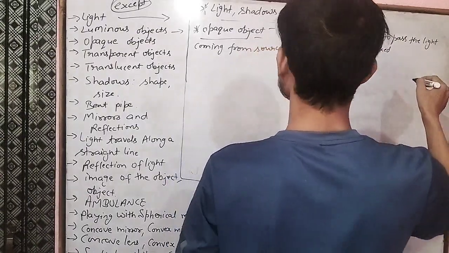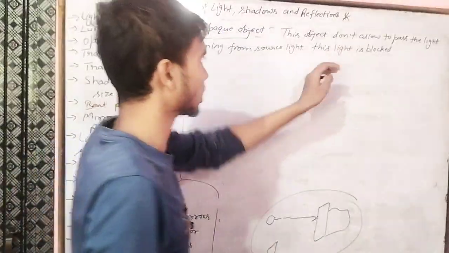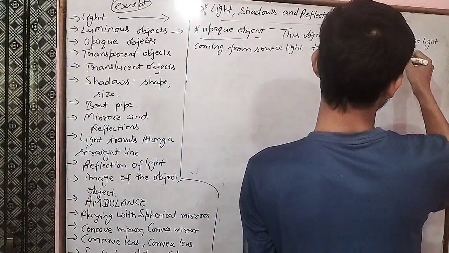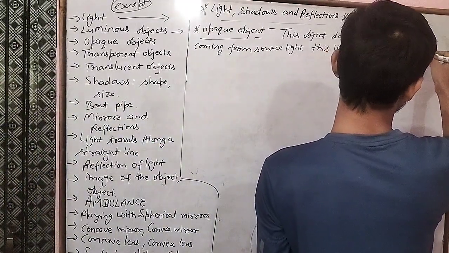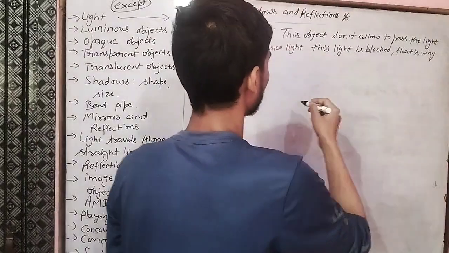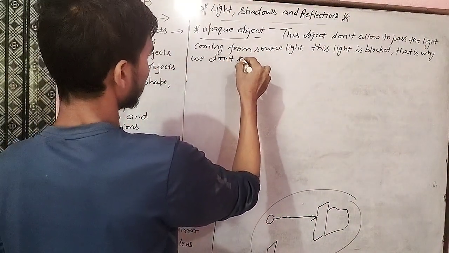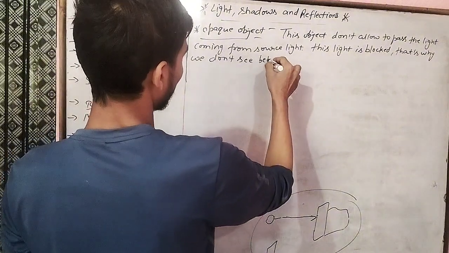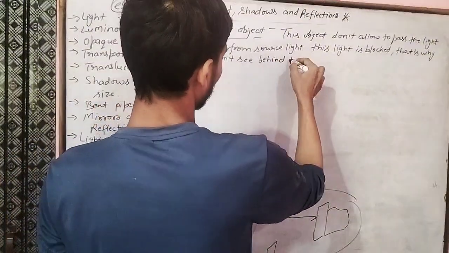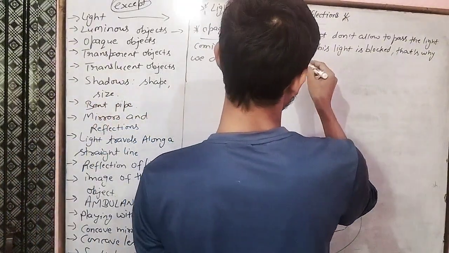This light is blocked. That's why we don't see behind the object.